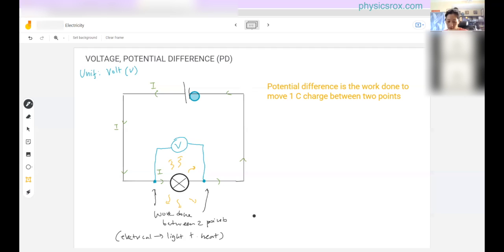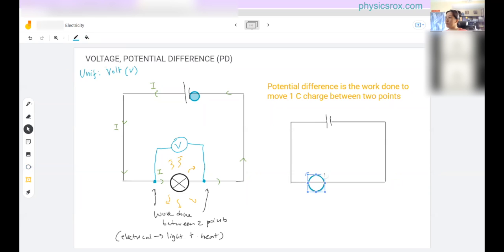That's why on the next page, they put 2 light bulbs, right? So if you have 2 light bulbs in series, what happens is, if you put 2 voltmeters like this, let's say I put here voltmeter 1, and here voltmeter 2.